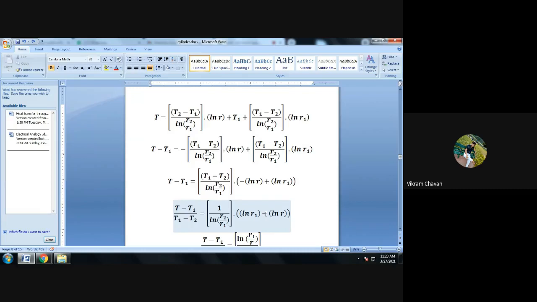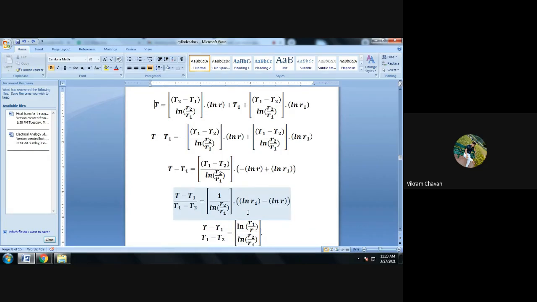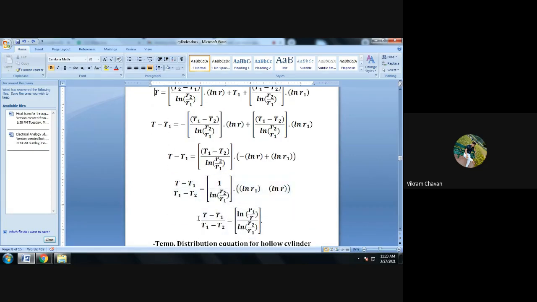That rule we have applied here, so the equation will reduce to the format of (t minus t1) divided by (t1 minus t2) is equal to ln of (r1 divided by r) divided by ln of (r2 divided by r1).